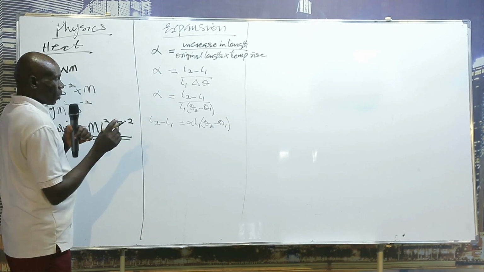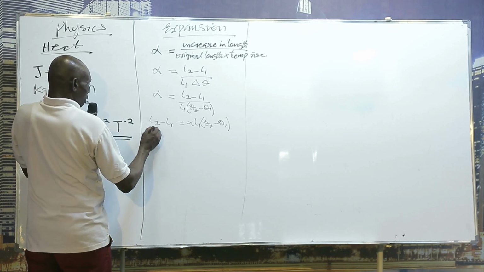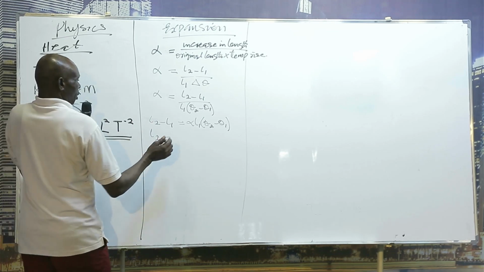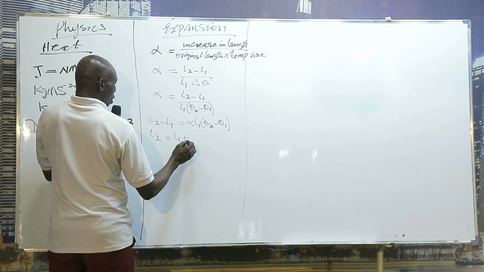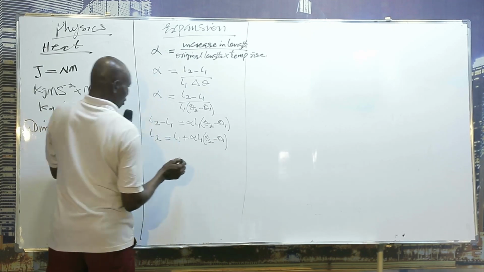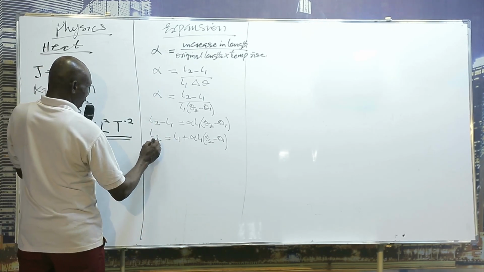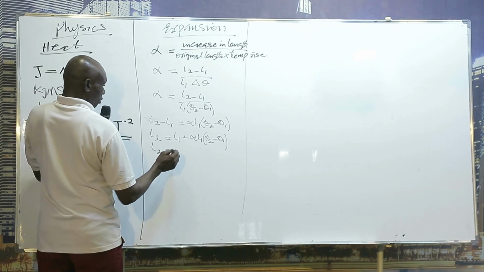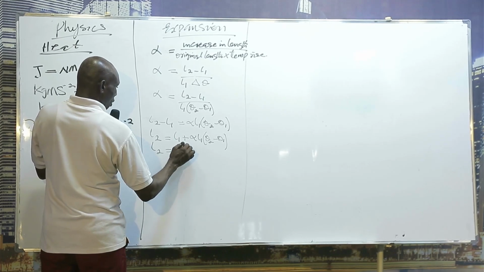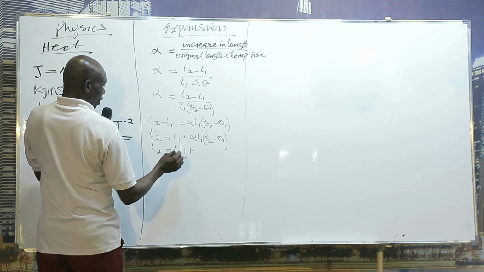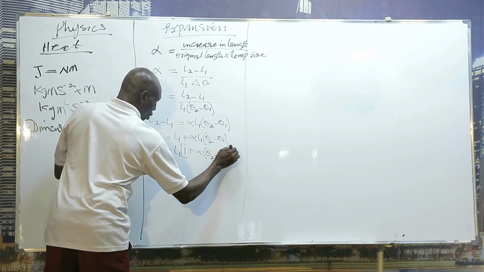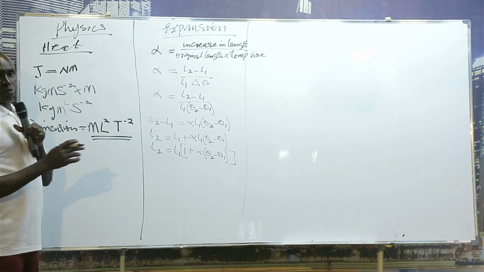We can further say that the final length L2 is the same as L1 plus alpha L1 change in temperature, which is the same as L1 into the bracket 1 plus alpha into the bracket theta 2 minus theta 1. So these are possible equations.